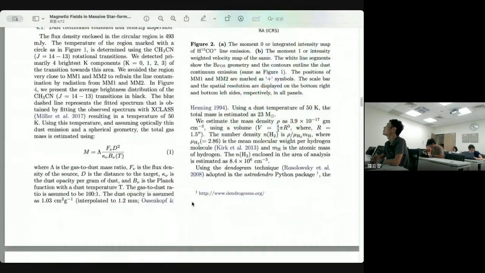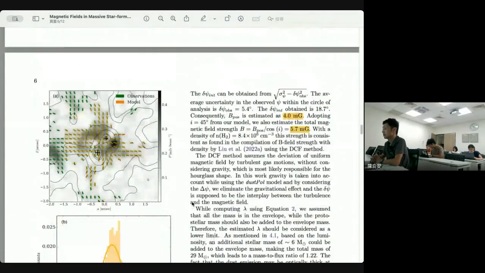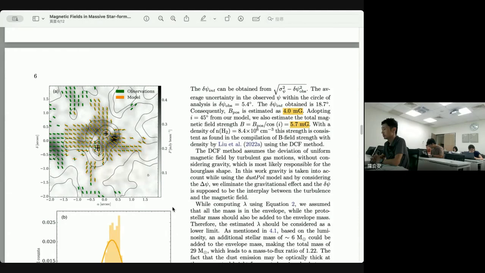Okay, so then they do the modeling, and with this modeling, they produce some magnetic field geometry here. So the orange segments show the magnetic field direction from the modeling, and the green ones are from the observation.